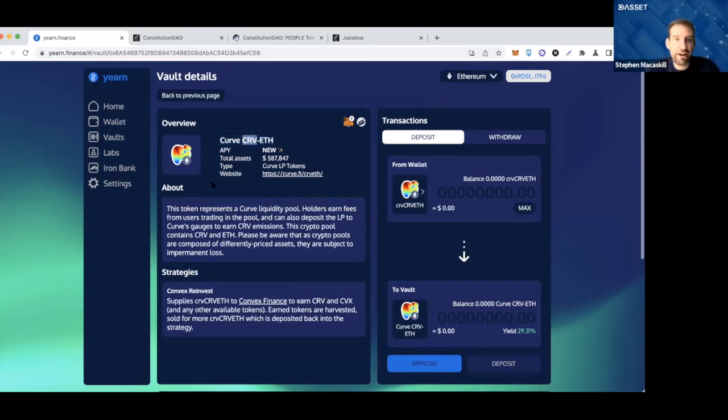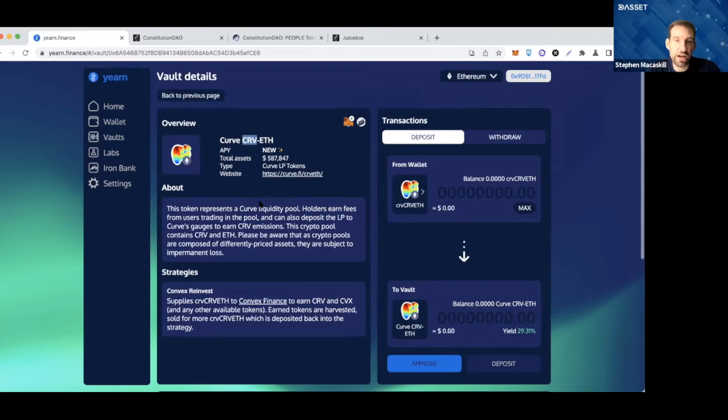You have to do research on Curve, see if you like that asset. Then you'd have to have an equal amount of ETH as you do Curve. So you essentially need $100 in ETH and $100 in Curve to engage in the Curve ETH liquidity pool.